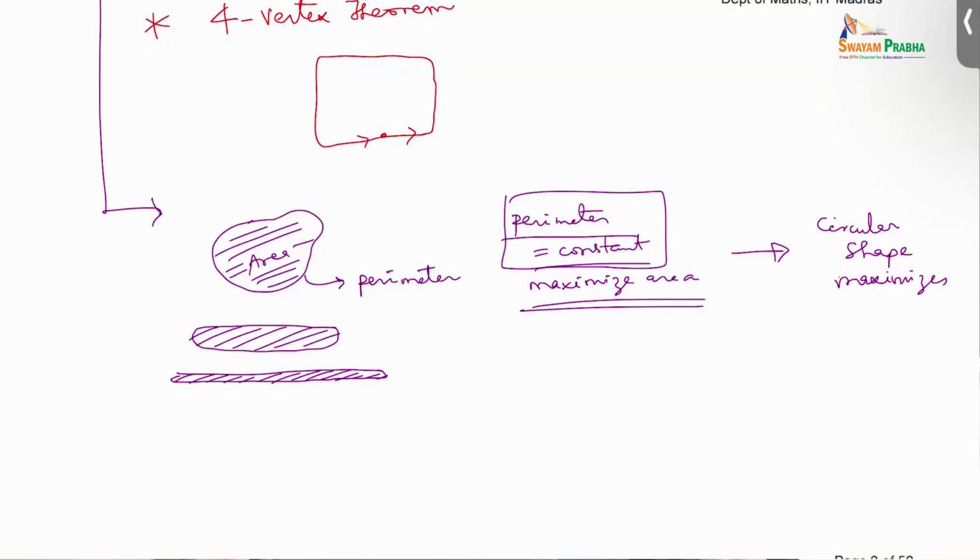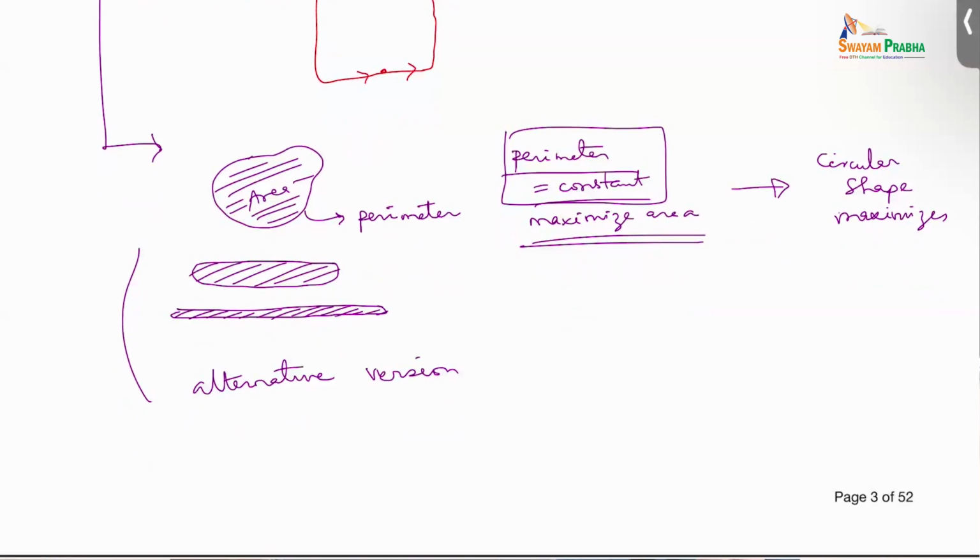If you do it that way, you should try to minimize the perimeter. So the alternative version is that you fix the area, that is, you make the area constant.